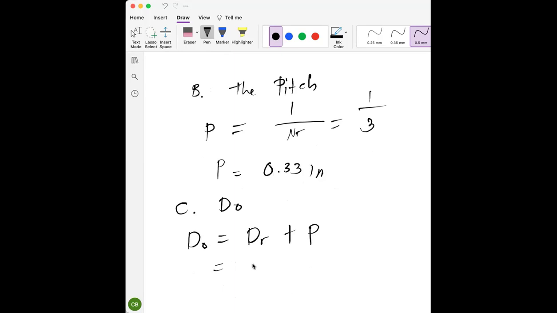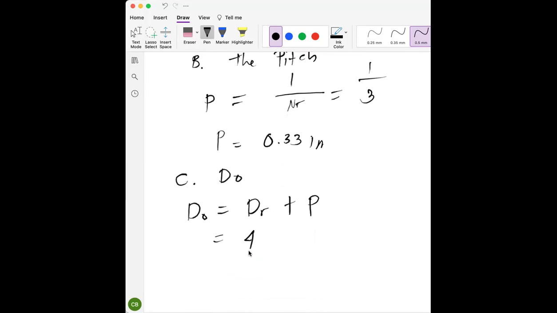So 4.77 plus 0.33 would be 5.1 inches. So that would be the outside diameter.